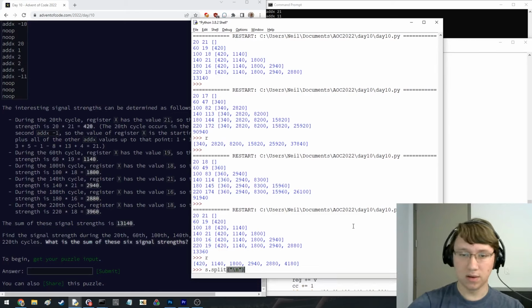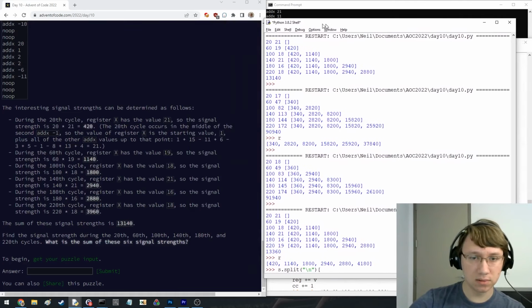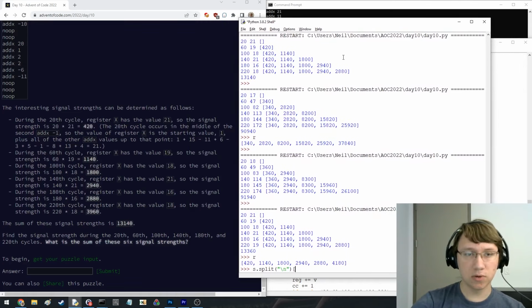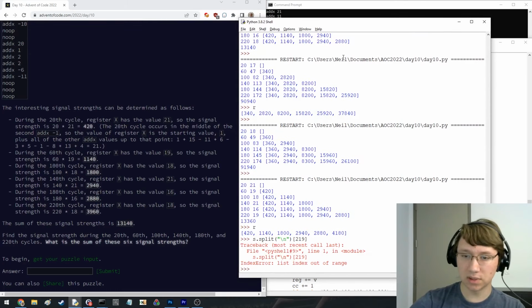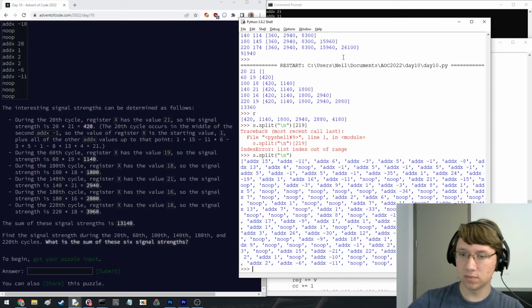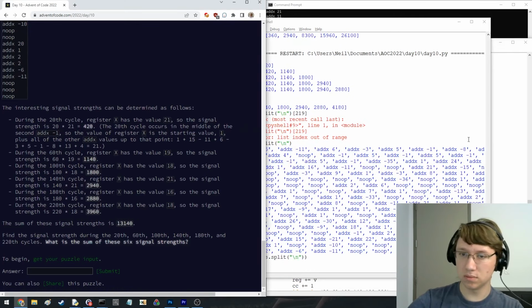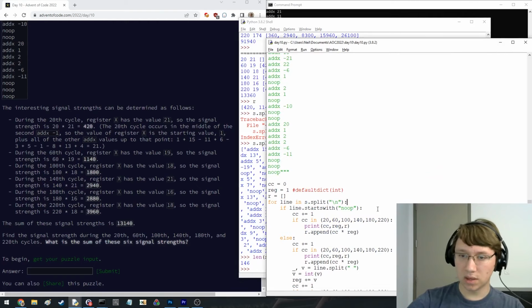And on the last one, let's look at during the 220th cycle. So 220th cycle is going to be during, oh, whoops, that's not true. I can't just index into that.